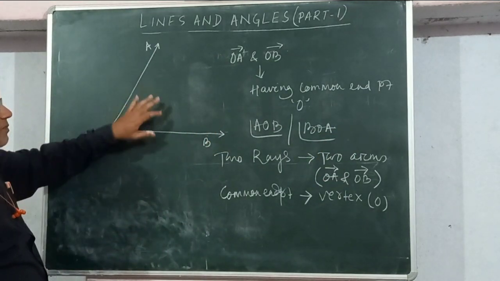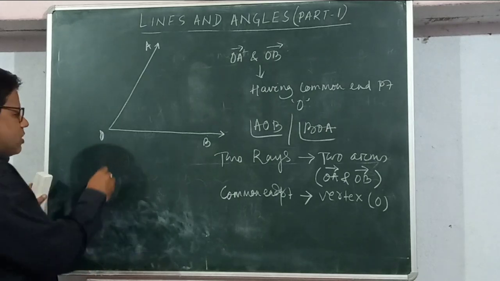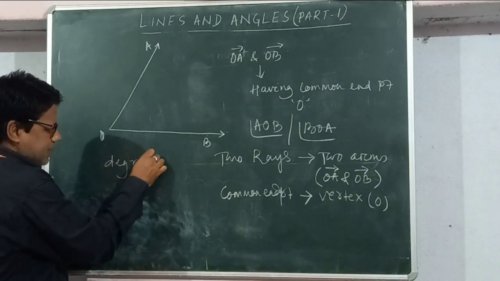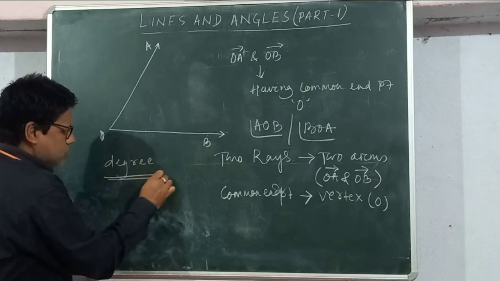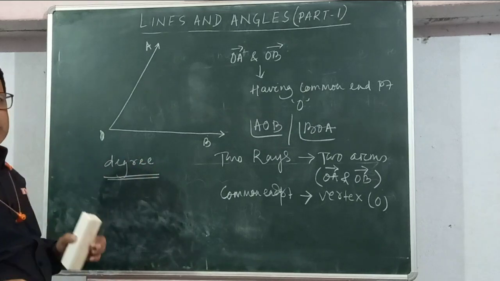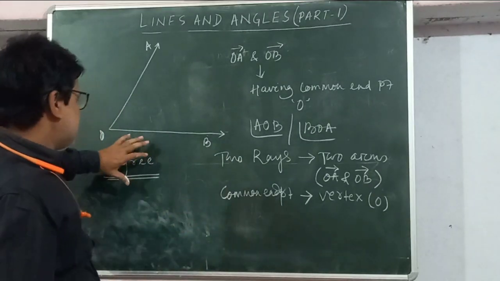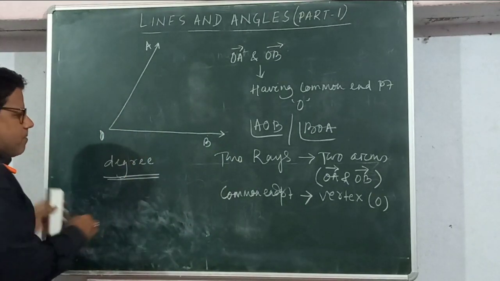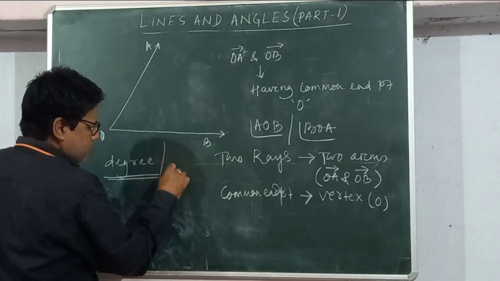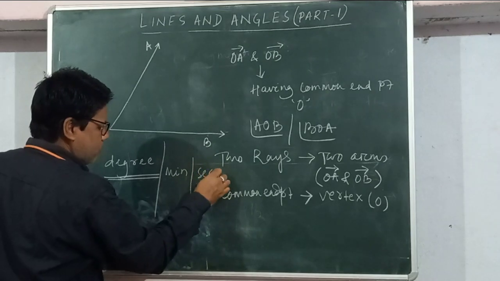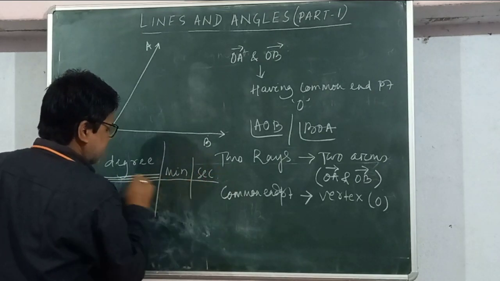Then an angle is measured by the unit degree. In higher classes, angle is measured by radian, but here the angle is measured by degree, minute or second.